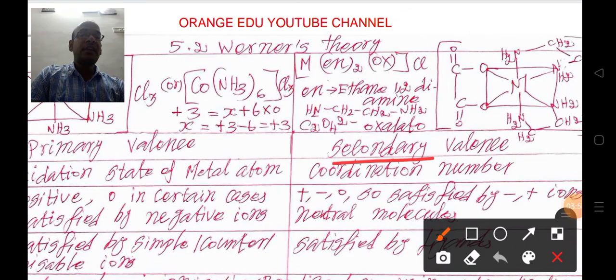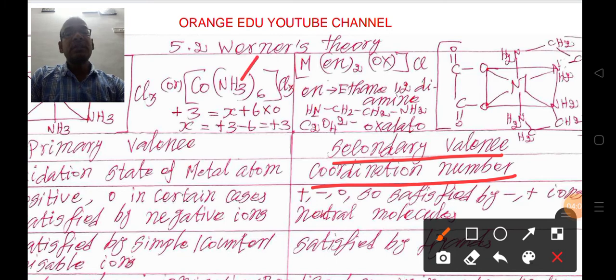Secondary valency is coordination number. In this example, the coordination number of the complex is 6. The coordination number is determined in 2 ways.